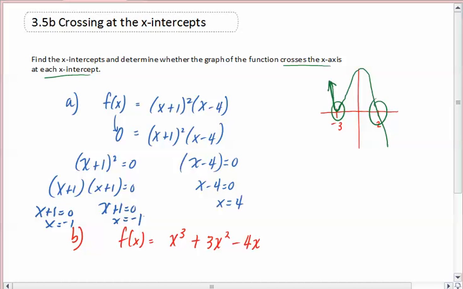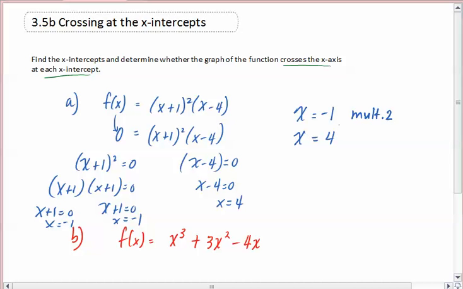So I have 3 x-intercepts here. I'm going to move this out of the way so I can list them. I have x is -1, but it actually shows up twice, so I call that multiplicity 2. I have another x-intercept at 4, and I don't really call that multiplicity 1, but it just occurs one time.